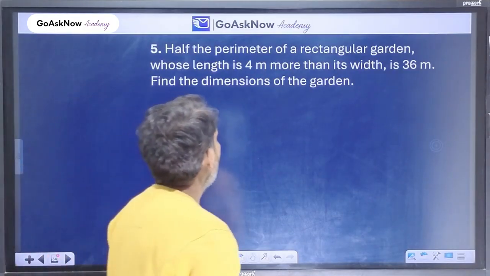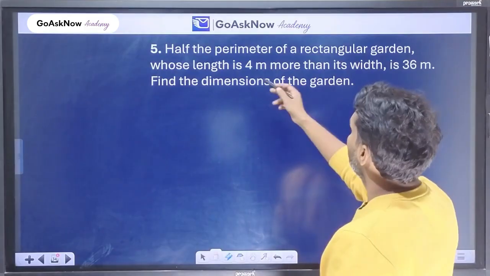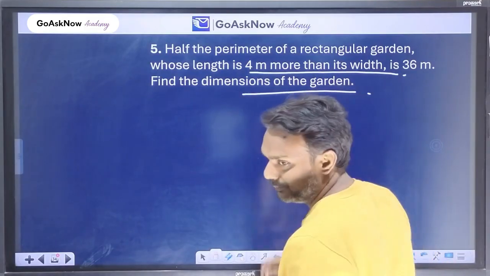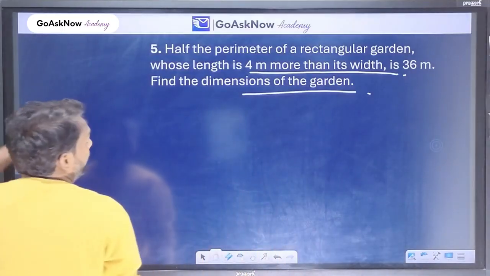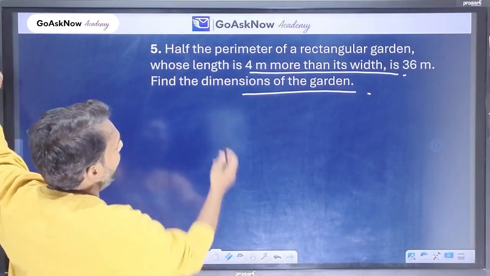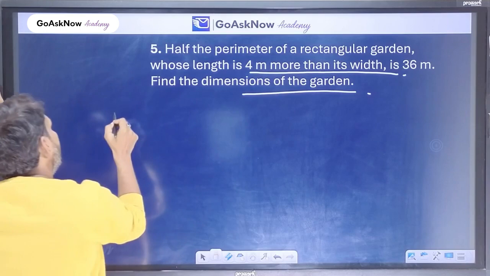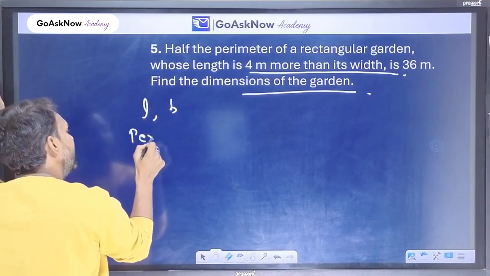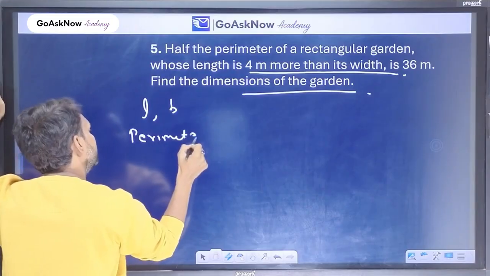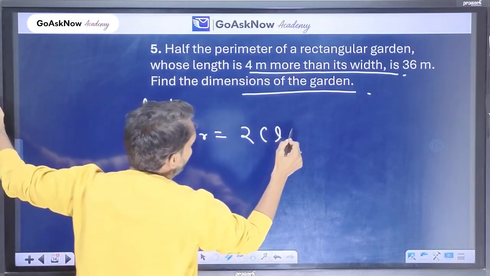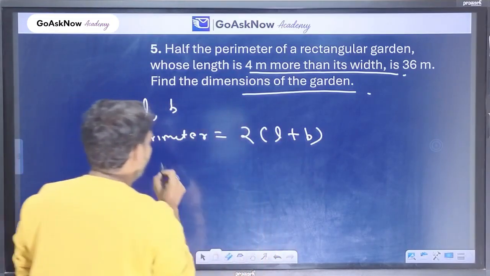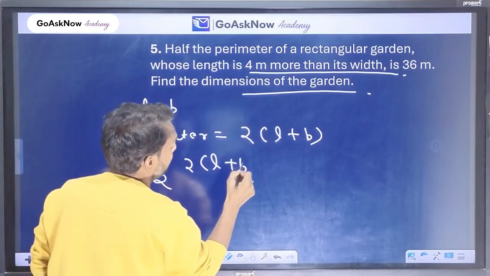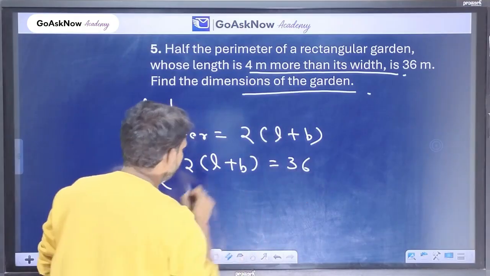Half the perimeter of a rectangular garden whose length is 4 meter more than its width is 36 meter. Find the dimension of the garden. In a rectangle, we have length and breadth. Perimeter is 2 times (L plus B). But half the perimeter, half of 2(L plus B), is 36.